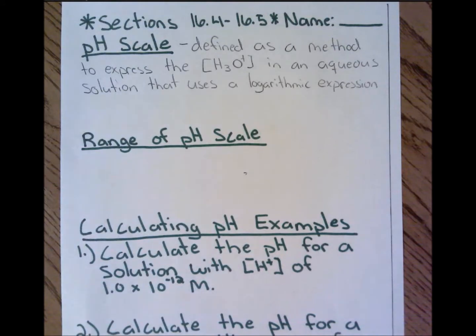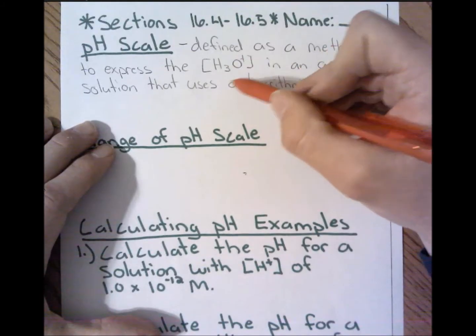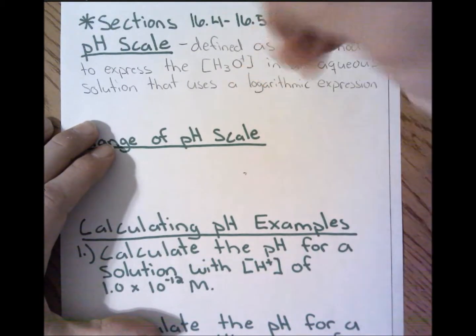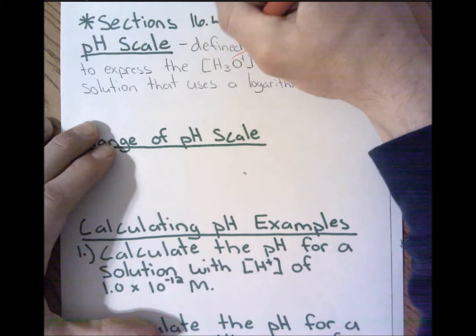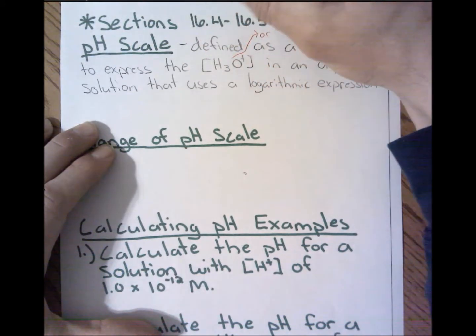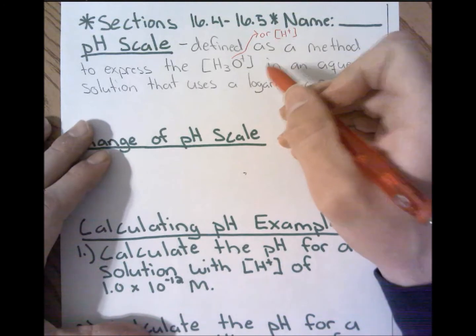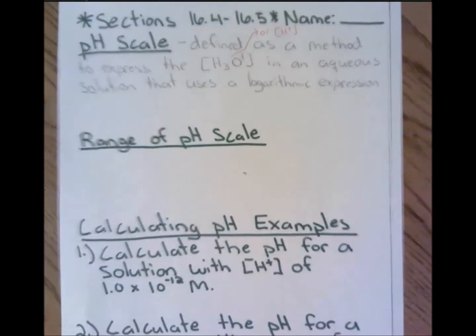And just to clarify, this is the concentration of what we call hydronium ions. And we can also express this as just H plus. So H plus and H3O plus mean the same thing, so don't get confused if you see those two terms.